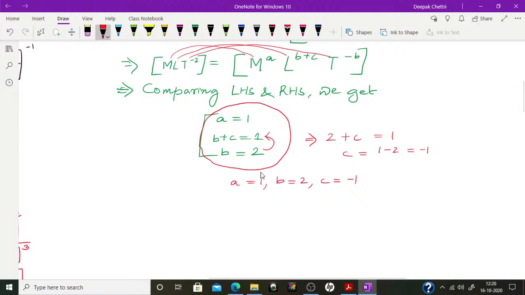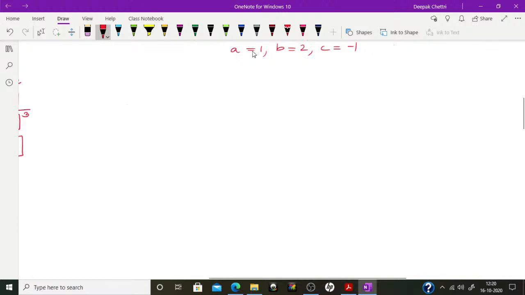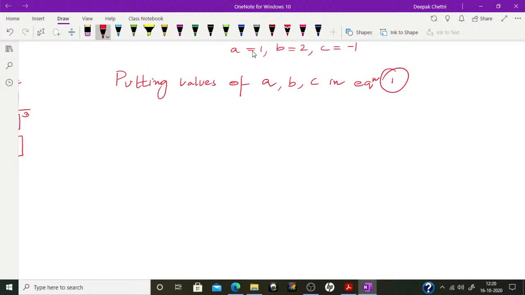Now I'll put the values. A is 1, b is 2, c is minus 1. Let me call this equation 1. So putting the values of a, b and c in equation 1, what will I get?